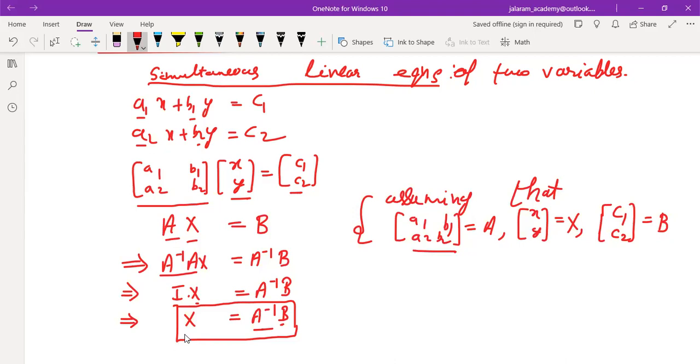And X is also a column matrix x, y, and comparing these results.